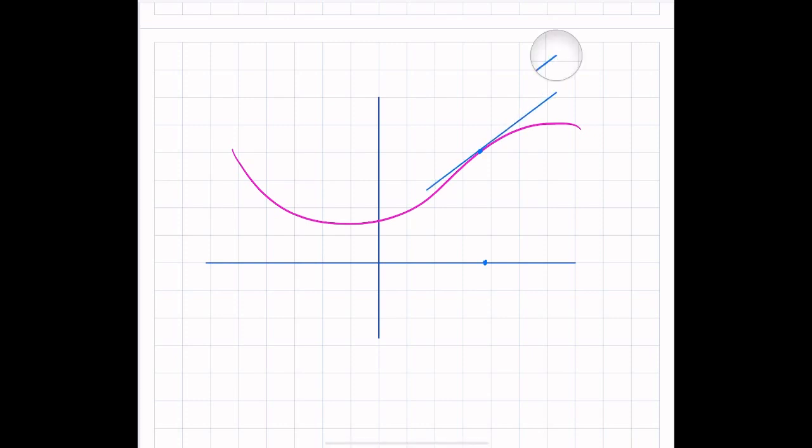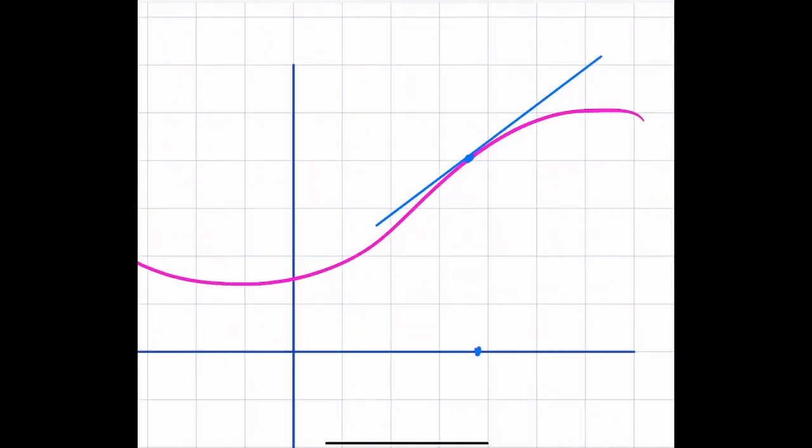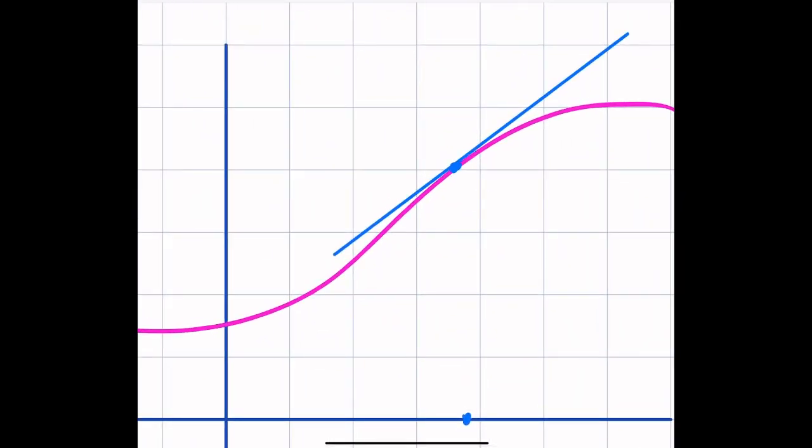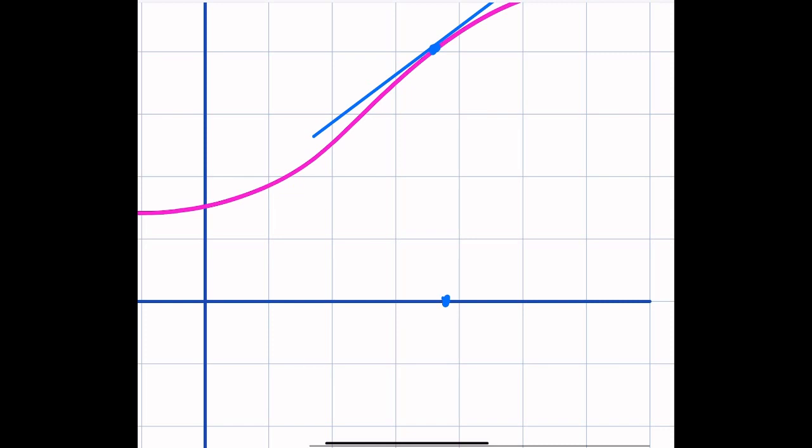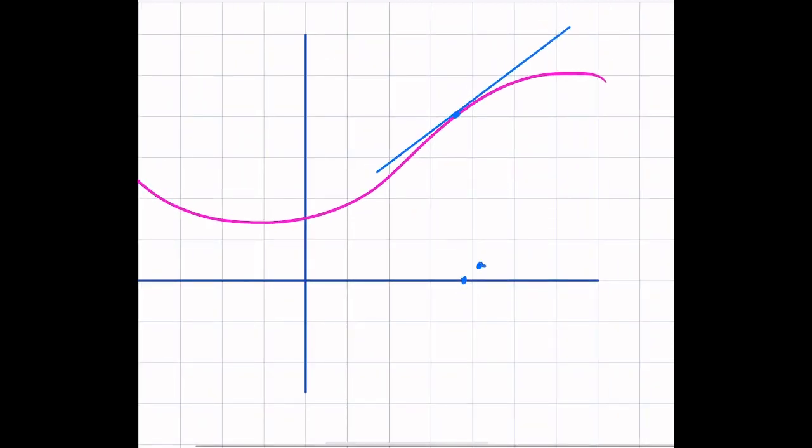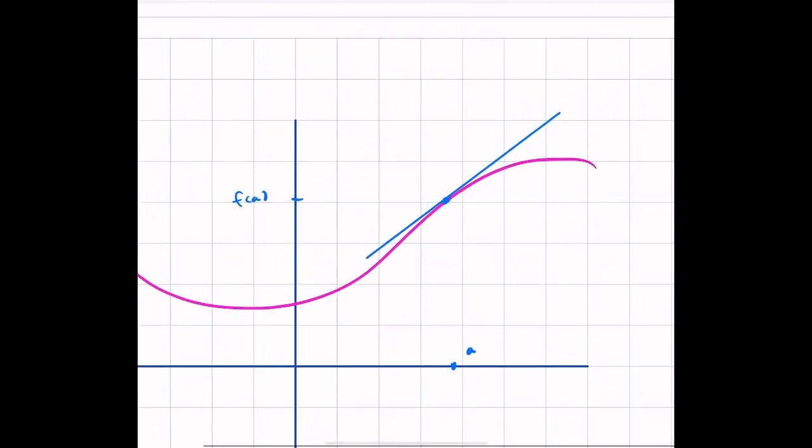In fact, as we talked about as well, if you zoom in on the tangent line, the line that touches at only that one point, so this is A, this is f of A, and this is the tangent line at that point.